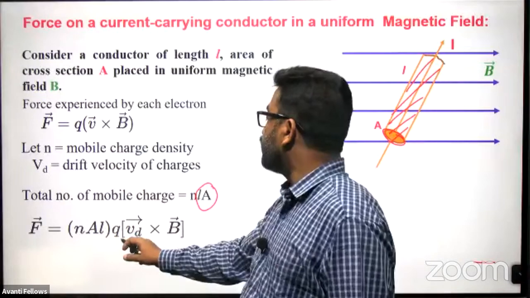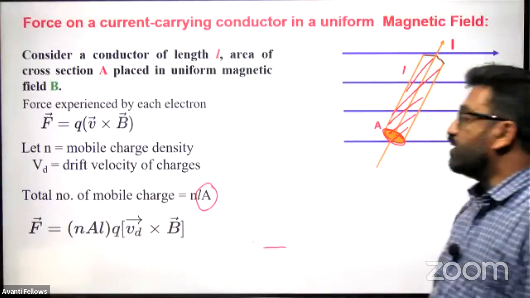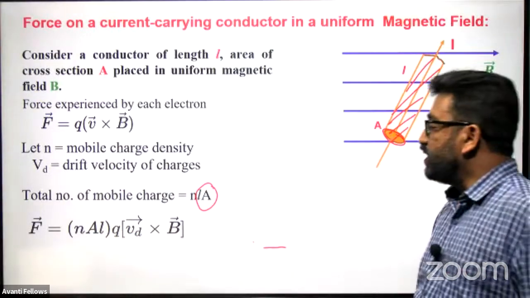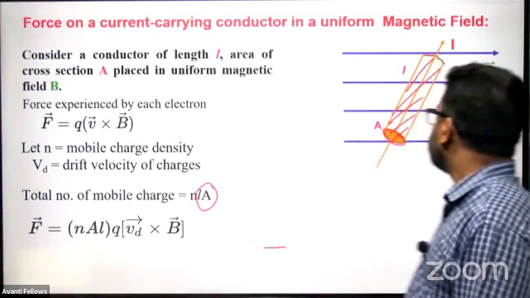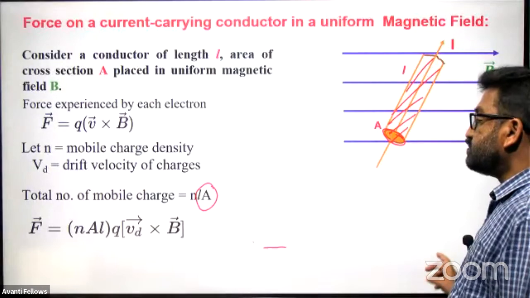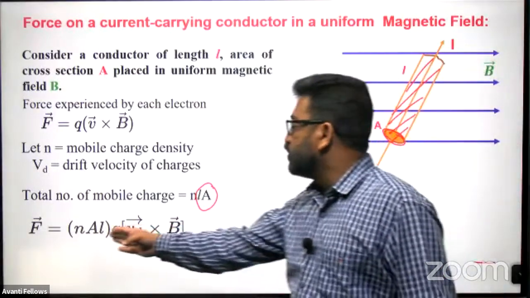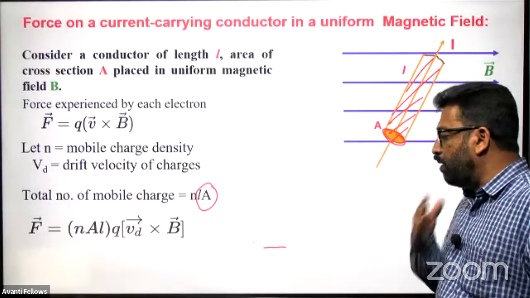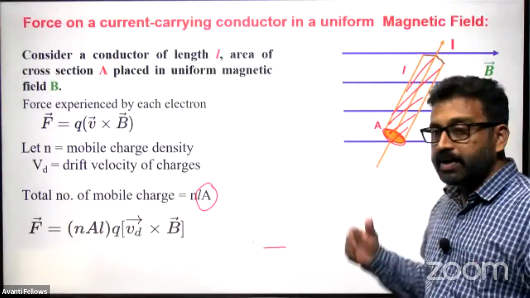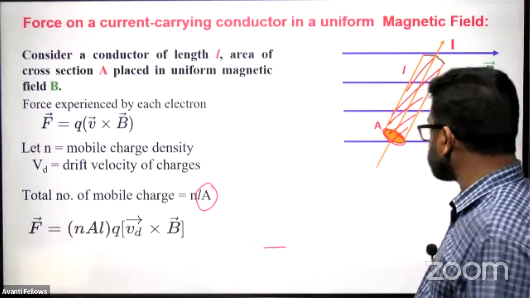NAL multiplied by Q into V cross B. Instead of V, we can write Vd, the drift velocity, because these electrons are being drifted through that particular medium. So it comes to NAL multiplied by Q multiplied by Vd cross B.